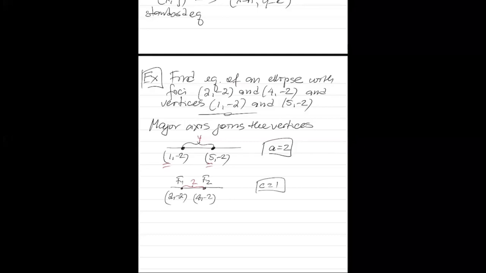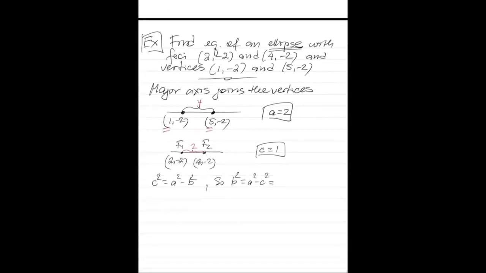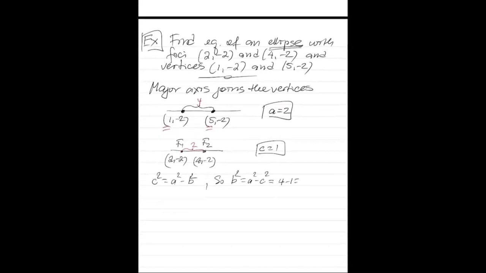And now we have the equation c squared equals a squared minus b squared. We're talking about ellipse. So that's the equation. So b squared is equal to a squared minus c squared. So that is equal to 4 minus 1, or 3. So b squared is 3.